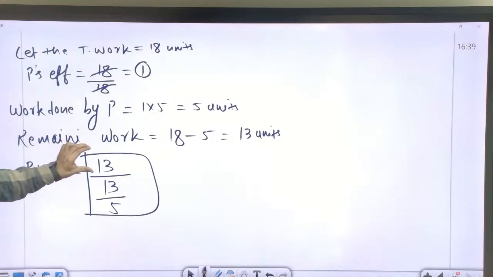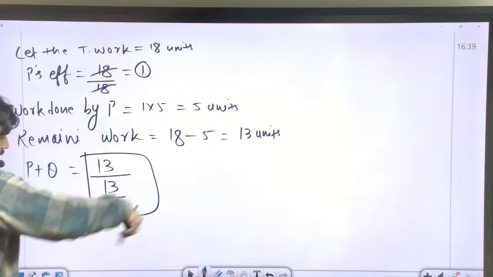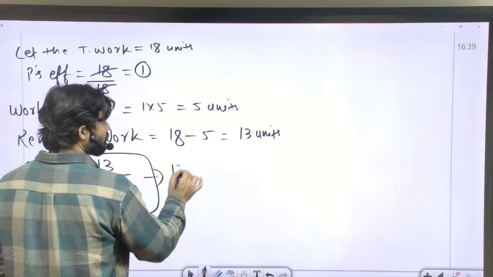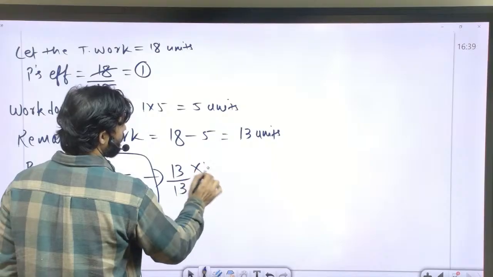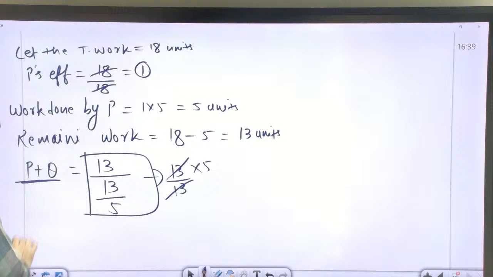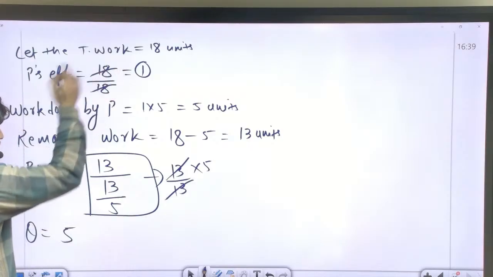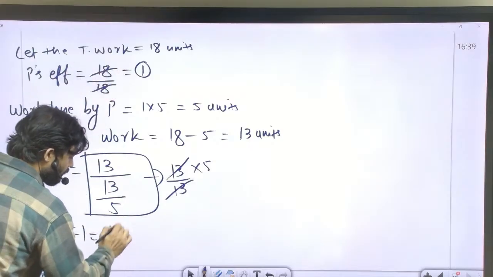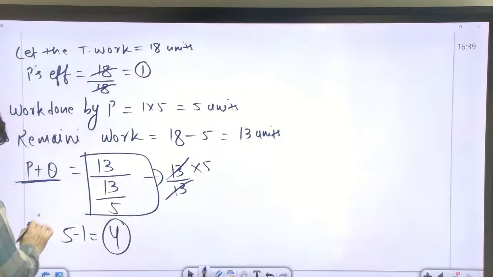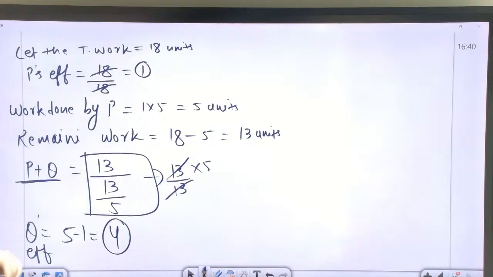Taking the 5 upside, 13 by 13 into 5, the combined efficiency of P and Q is 5. From here we can find the efficiency of Q alone. The combined efficiency is 5 and the efficiency of P is 1, so subtracting it, the efficiency of Q is 4 units.